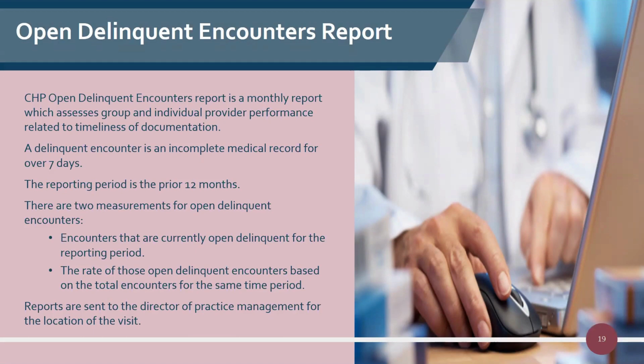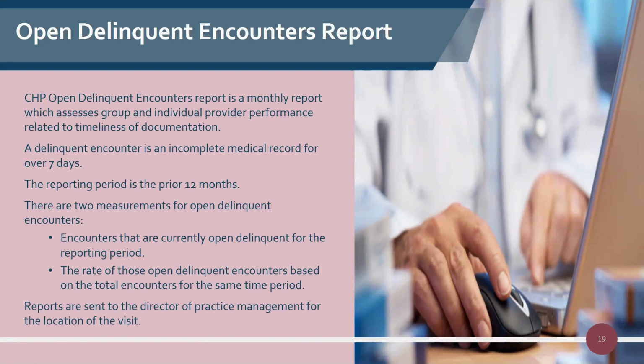Just for reference, the CHP definition of a delinquent open encounter per policy 27532 is a delinquent medical record, defined as a clinical encounter without necessary elements and appropriate authentication greater than 7 days after the encounter ended.